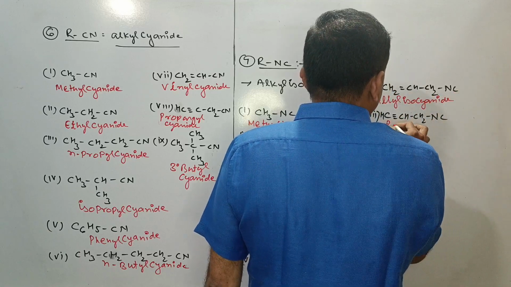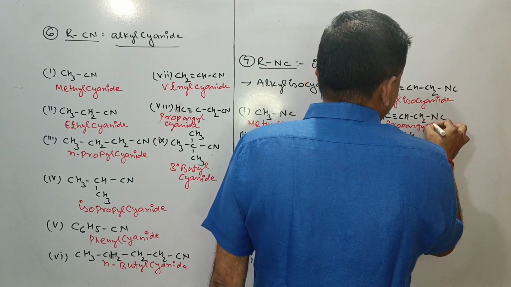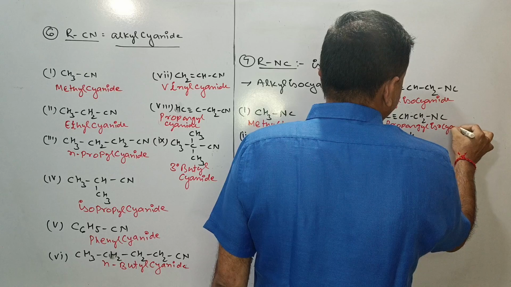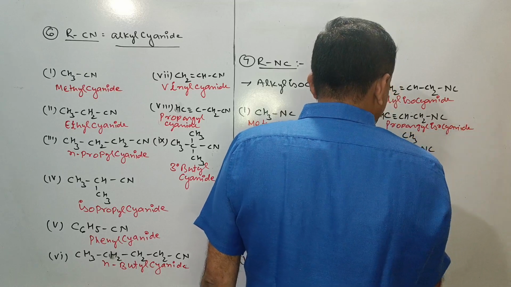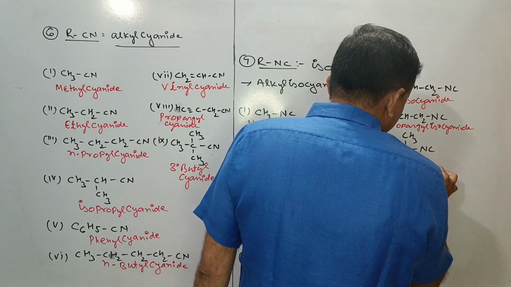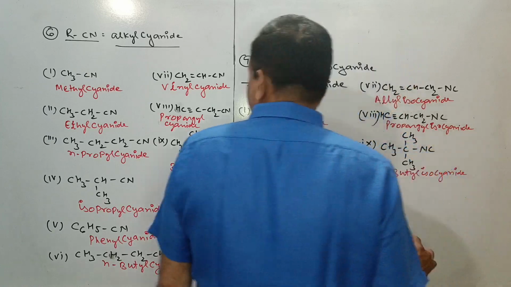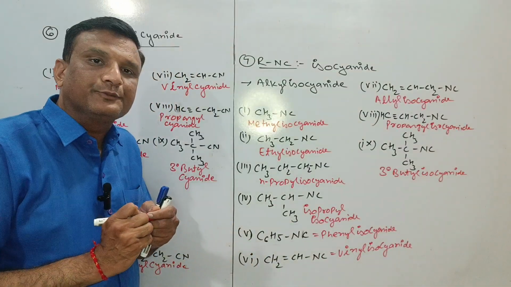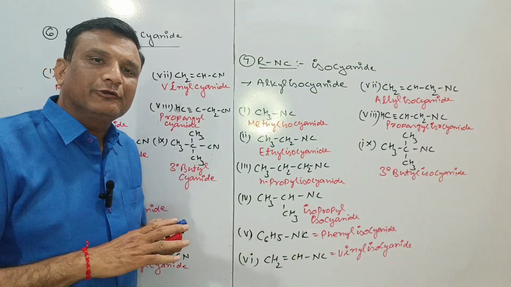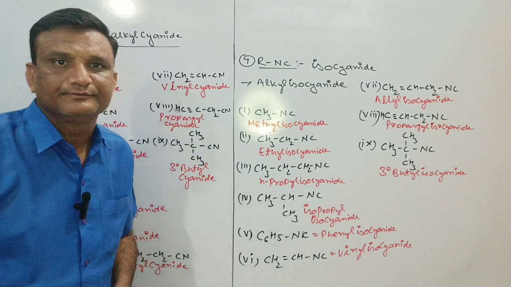This is the propargyl isocyanide. This is the tertiary butyl isocyanide. So this was about just the 6 function groups. So in total, according to just the first table, we have discussed the 6 function groups.